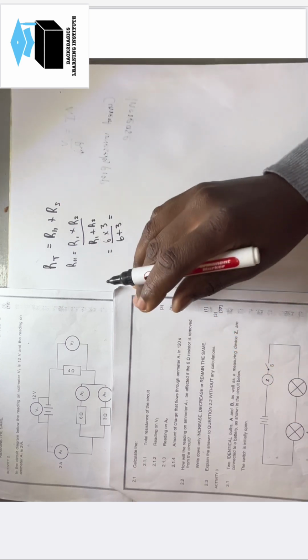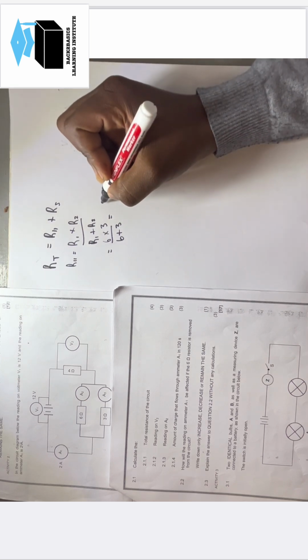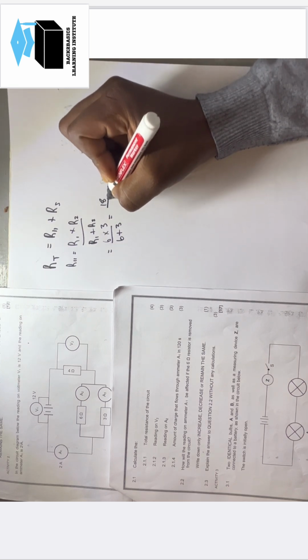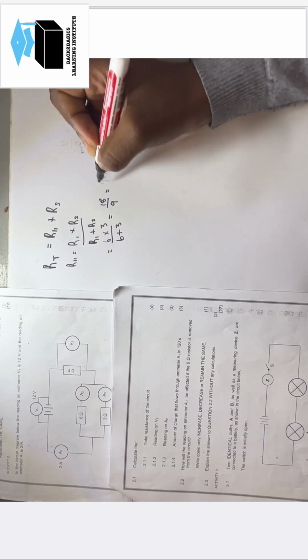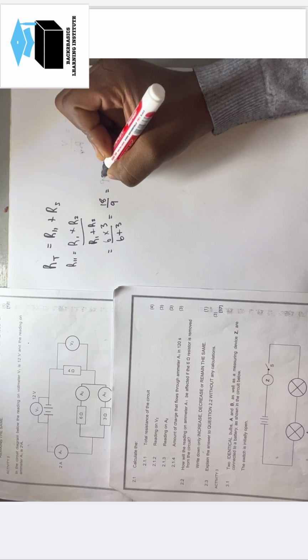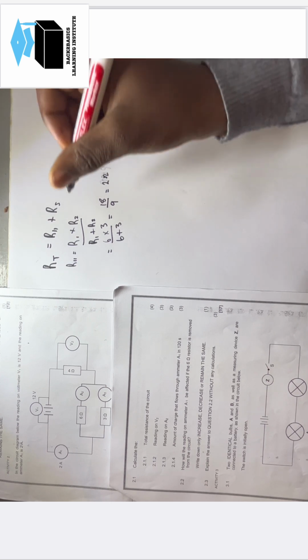What is that going to equal? 6 multiplied by 3 is 18, over 9. So basically this is going to be a 2 ohms resistor. So your R parallel is going to be 2 ohms.